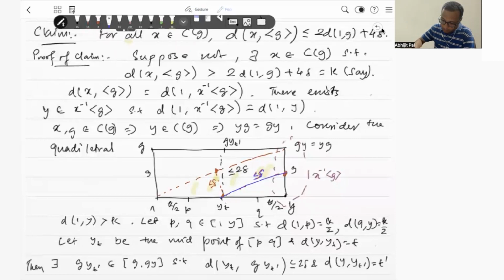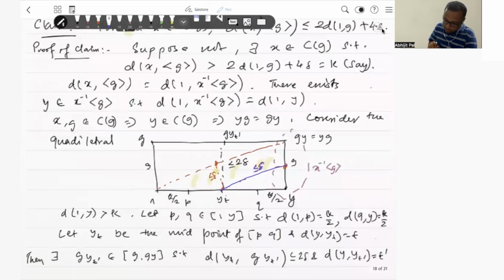So then the distance between y and yt will be less than k by 2. So what is this k? k is twice the distance between 1 and g plus 4 delta.